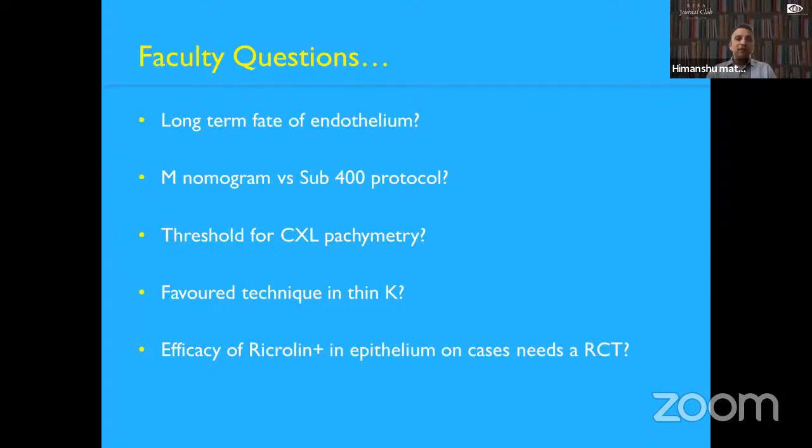Another thing, when we talk about cross-linking thin cornea, we are trying to avoid endothelial damage, which can be done by adding some tissue or material in front, pushing the endothelium away, right? Whether it's a SMILE lenticule or any lenticule, or a contact lens or something, you're pushing the endothelium away so that the cross-linking effect does not reach the endothelium.